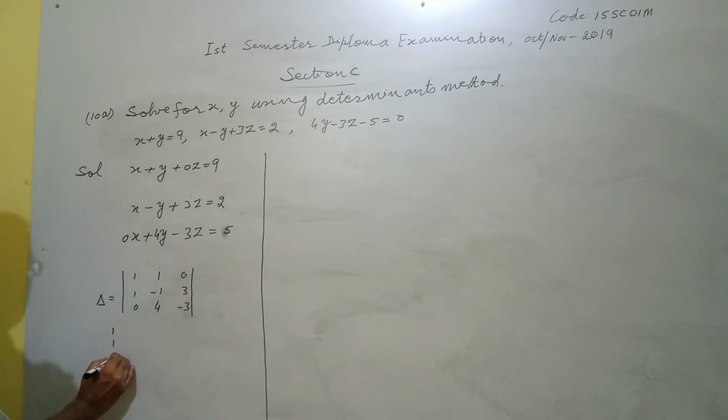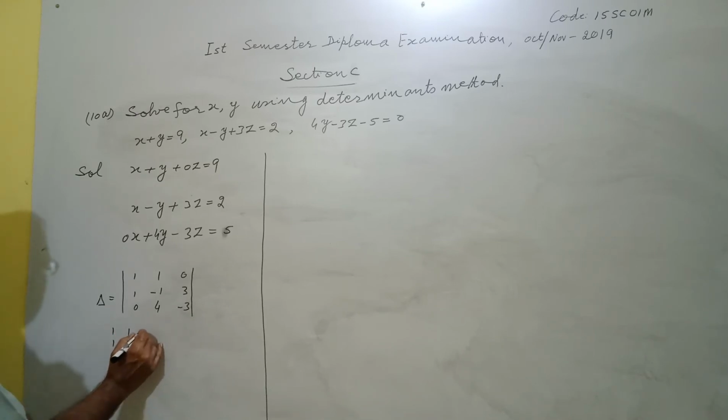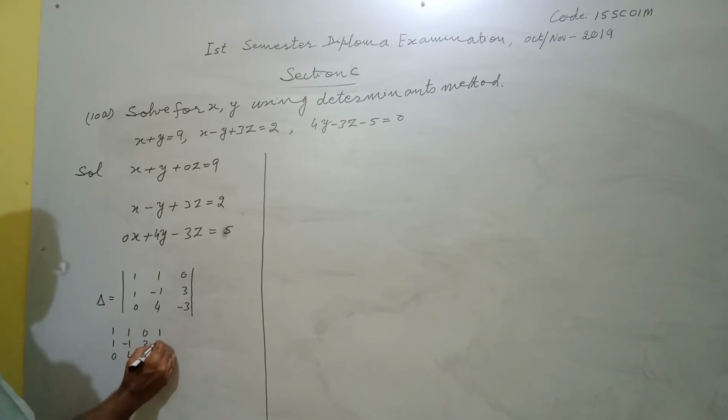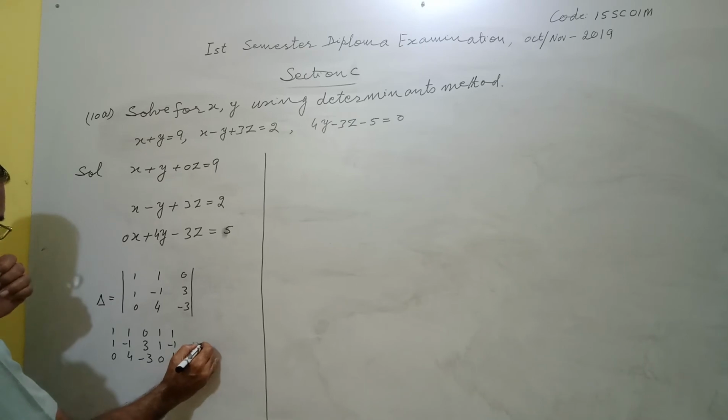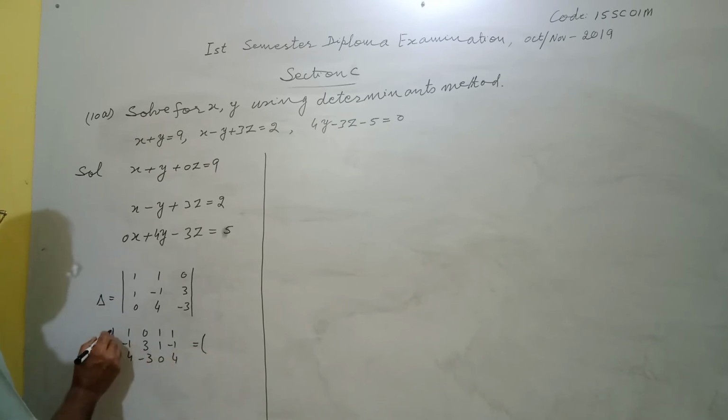1, 1, 0, 1, minus 1, 4, 0, 3, minus 3. Repeat first two columns. Then find the value.